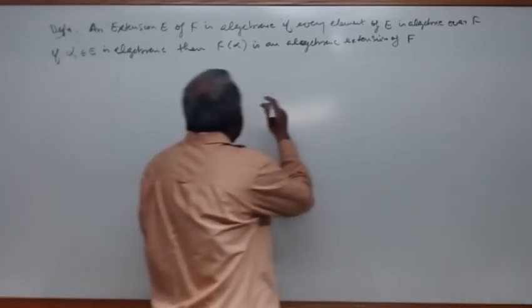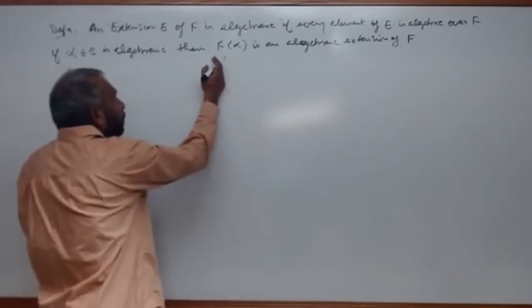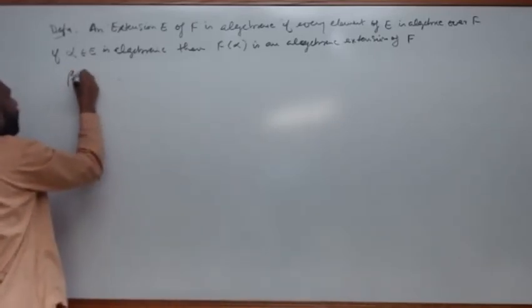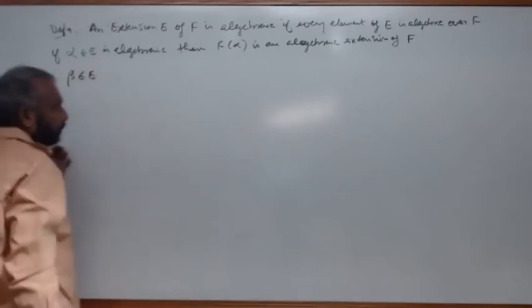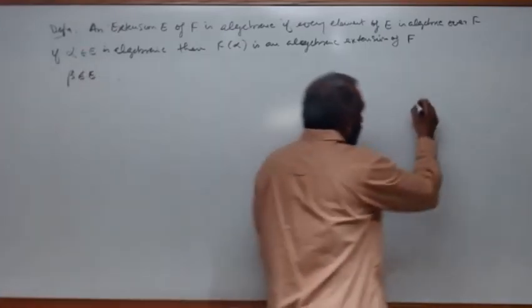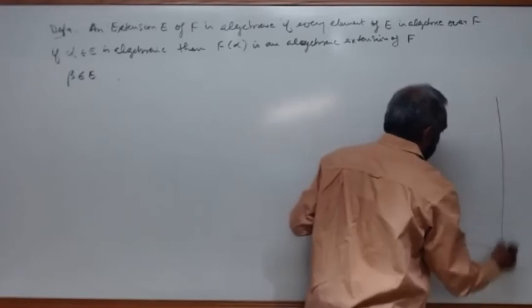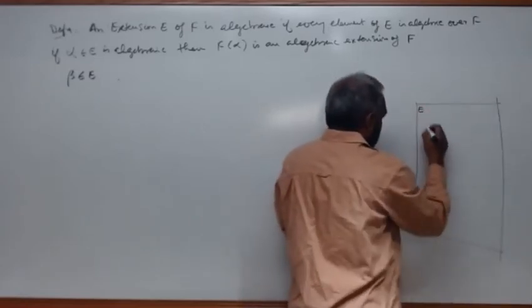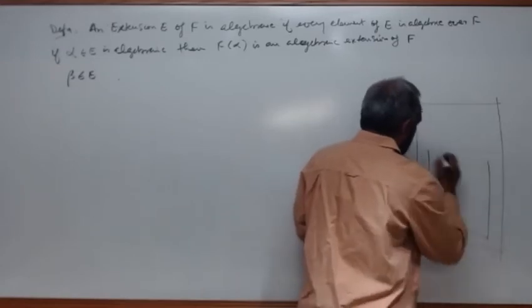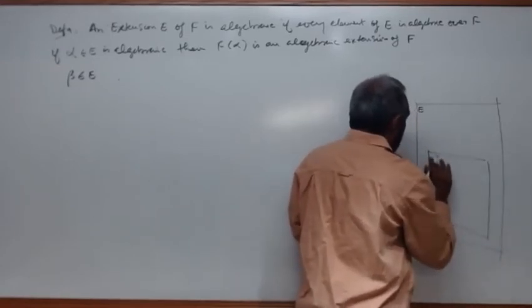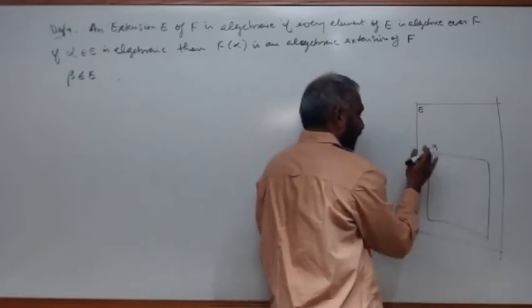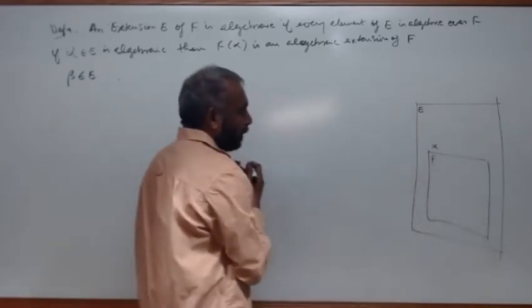So let's start with another element. Let's say beta belongs to E. We have several conditions here: E, F, and we are assuming that alpha is outside F. Otherwise it is just F, which is of no interest to us.